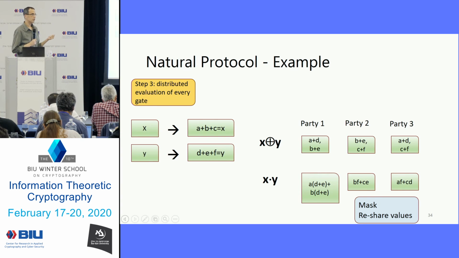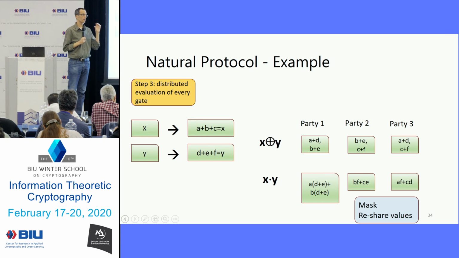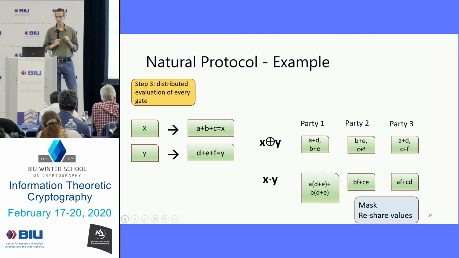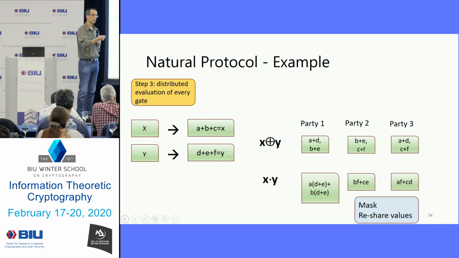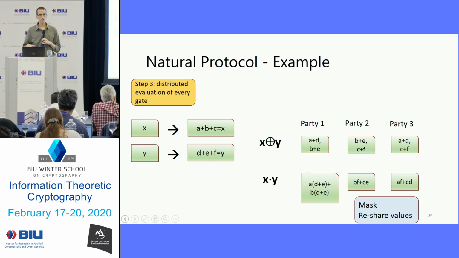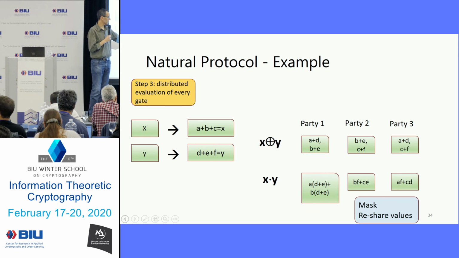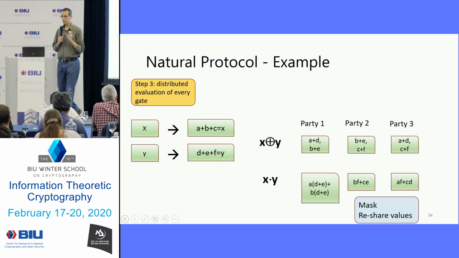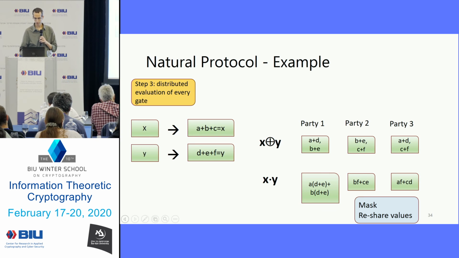So what each party does is add all these shares of zeros it has to its share, and then send it to someone else. We have correct sharing after that step, in the sense that the sum is still x times y, and each share is present at two different parties.